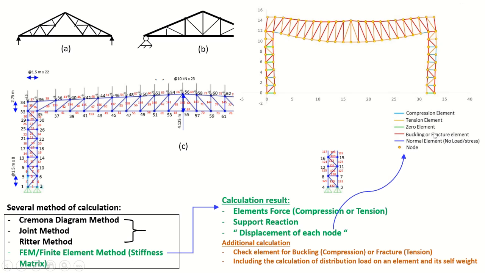This buckling or fracture, we will see next how the application can determine whether this is buckling or fracture. And if an element has color blue, it means normal position or normal element without load or without stress.